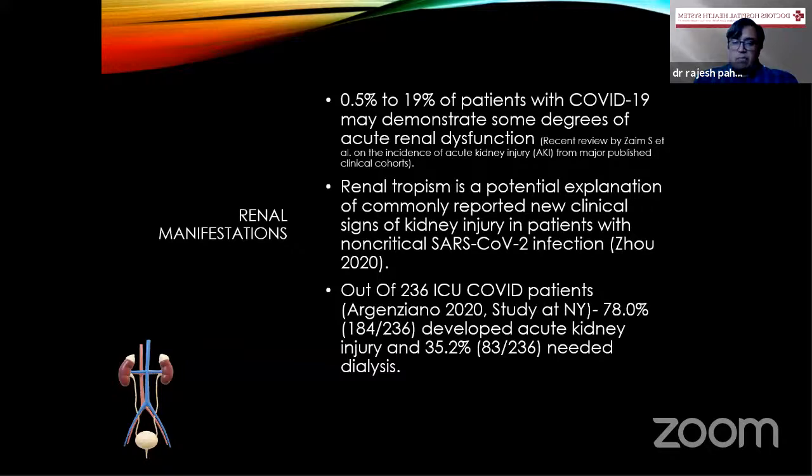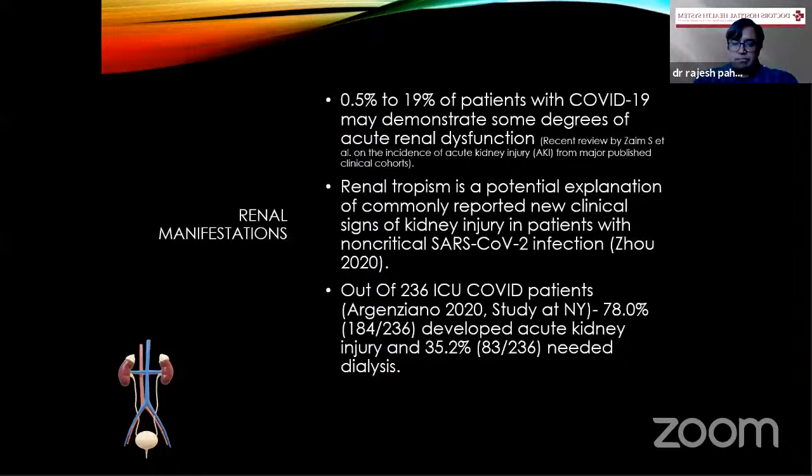So it is important to understand that it's not only the patients with severe COVID-19 who have acute kidney injuries, but also patients with mild COVID-19 infections are showing some level of renal dysfunction.